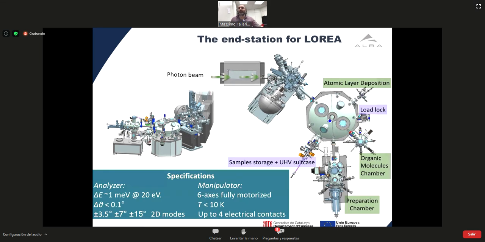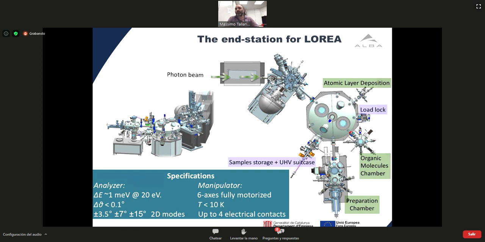Then something regarding the sample preparation. We have a main distribution chamber, where we have attached many chambers: the load lock to introduce the sample, an organic molecule chamber to deposit organic materials, molecules, a UHV suitcase, the sample storage, and the main preparation chamber.